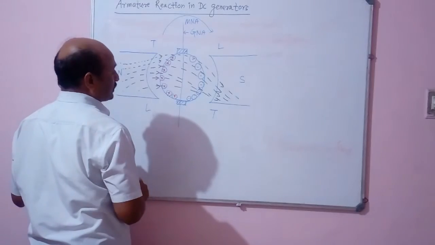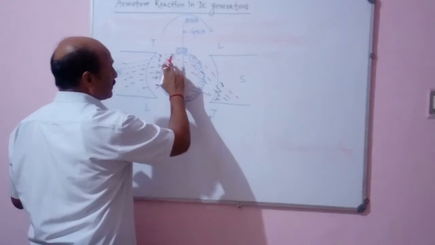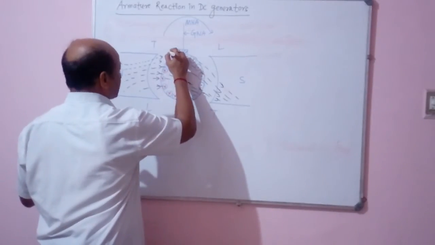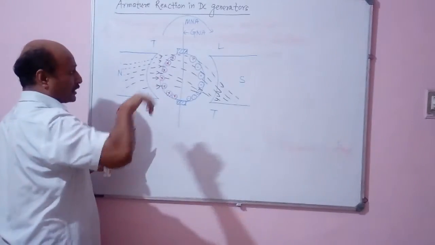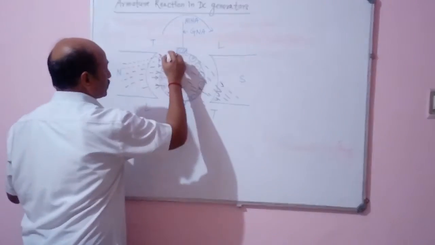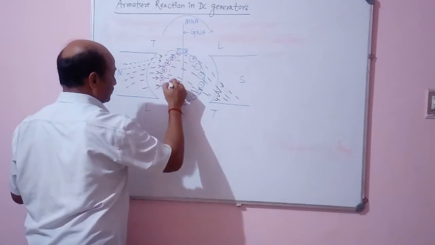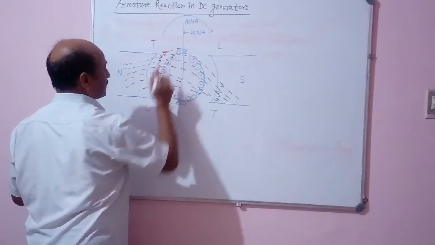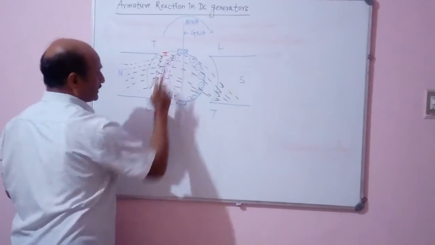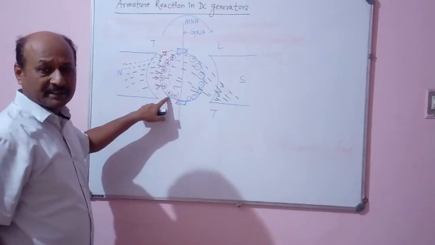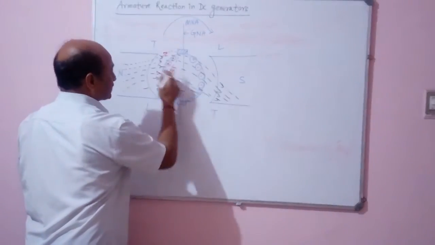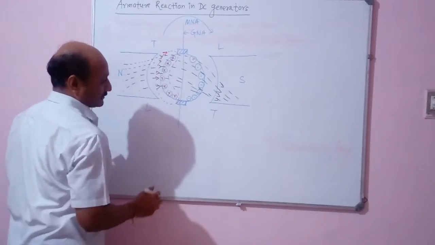Then we have to show the direction of the magnetic field produced by the armature current also. So cross again, in the downward direction. So here the direction of the magnetic field produced by the armature conductor and the direction of the magnetic field due to the N and S poles are in the same direction.